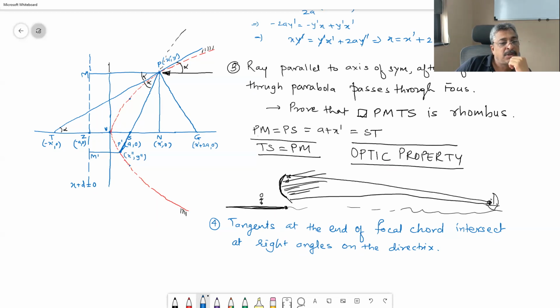It's going to be a rhombus here, and this is our T dash, where the tangent at P dash will intersect the x axis.